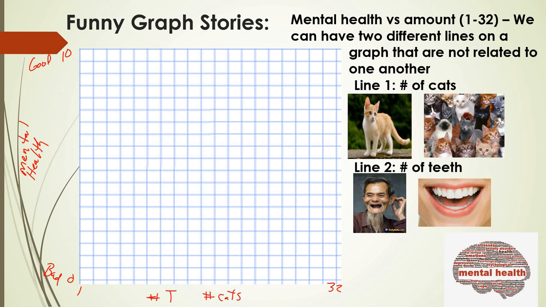So mental health versus teeth. 1 would be at 0. Yeah. Think of 0. Okay. All right. And let's skip a couple. Let's go to 3 or 4. Teeth. 2 maybe. 2. Okay, we'll put it somewhere in there.